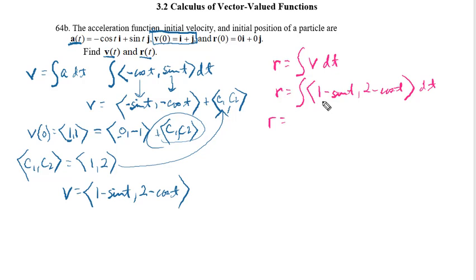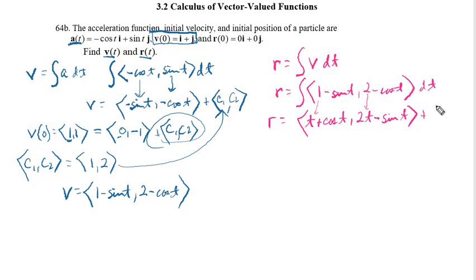So the integral of 1 minus sine t, the integral of the 1 is going to be t, and the integral of the negative of sine t is going to be a plus cosine t. The integral of 2 is going to be 2t, and the integral of negative cosine t is going to be negative sine t.